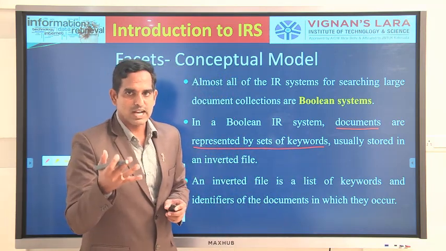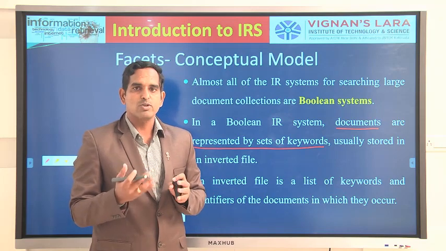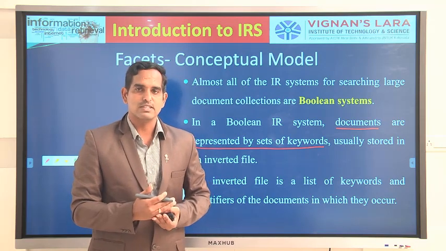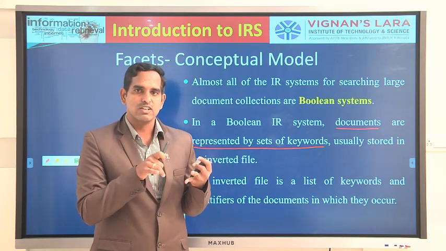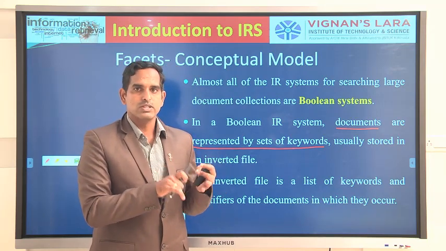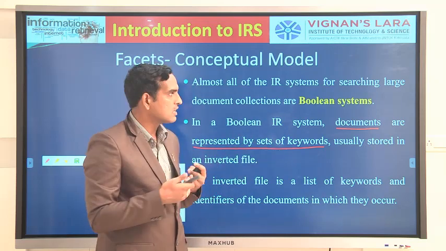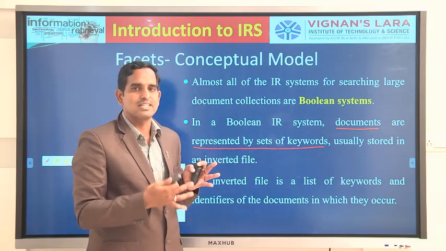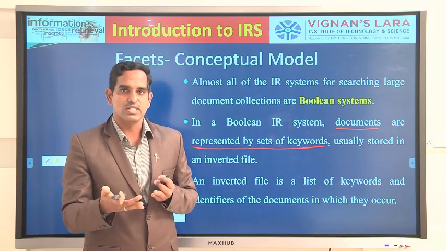For example, if you have one document about the information retrieval system, that document should have some set of keywords. One keyword will be information, another keyword will be retrieval. These two keywords represent that particular information retrieval system document. For example, take this presentation as one document. This presentation will have its own set of keywords.